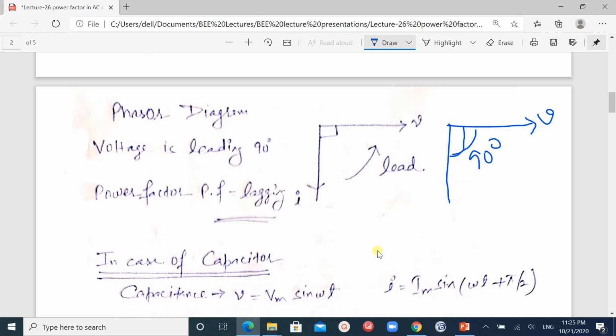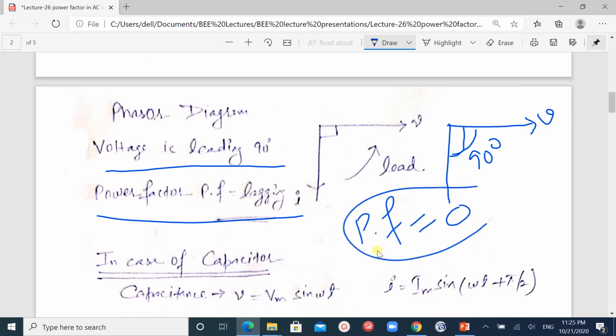Or we can say voltage leads by 90 degrees or the current is lagging the voltage, both are the same thing. So the power factor PF is lagging, and in the case of inductance, the power factor is equal to 0.